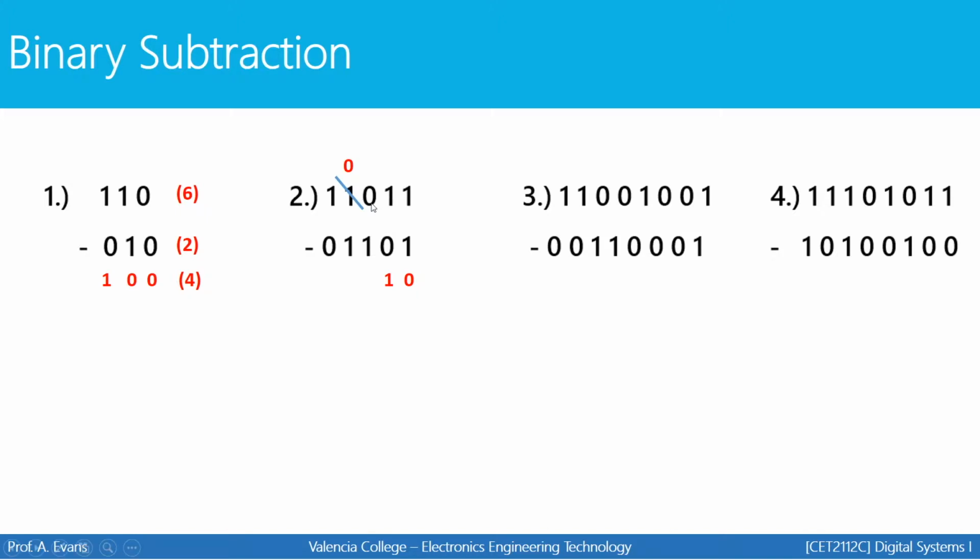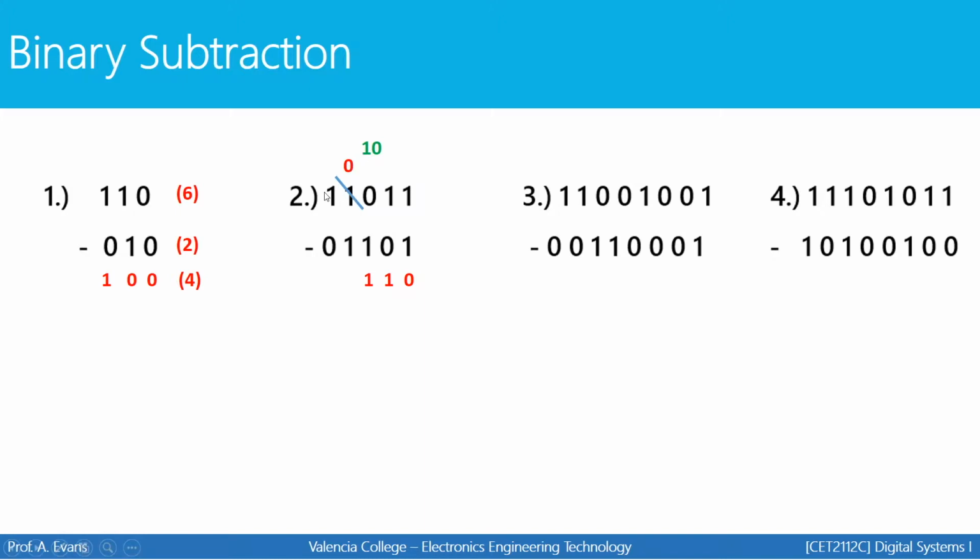And then the column that receives the borrow is going to go from being a 0 to a 1, 0. Remember, this is 2, not 10. So now this value is 1, 0, which is 2 minus 1. 2 minus 1 is 1. Then we get to this column here and we have 0 minus 1 again, which means we have to borrow again.